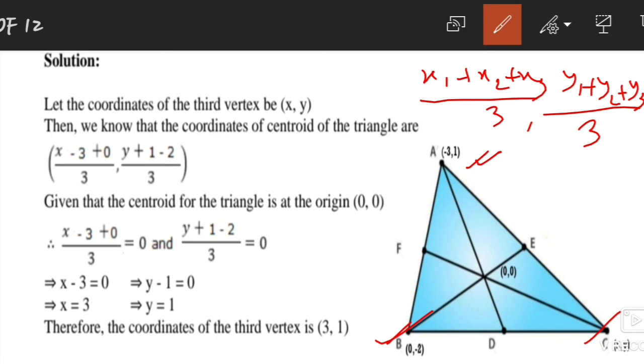So from the given data the centroid will be (x minus 3 plus 0 by 3, y plus 1 minus 2 by 3).